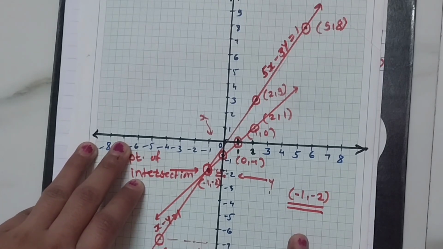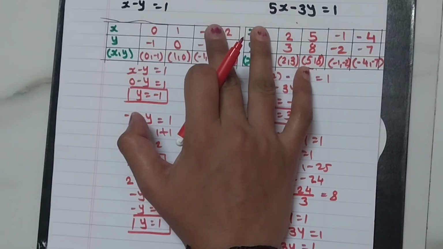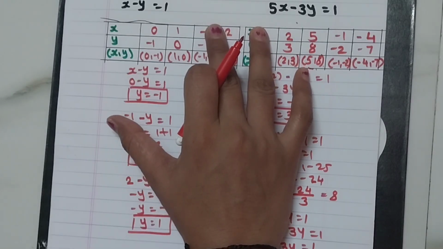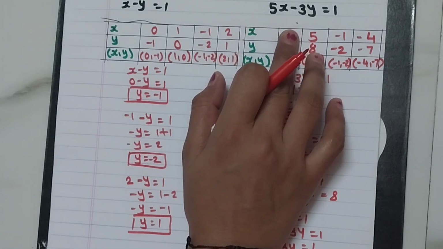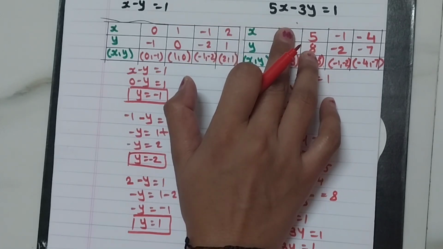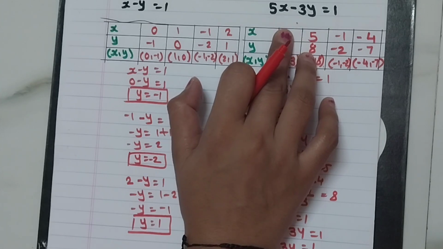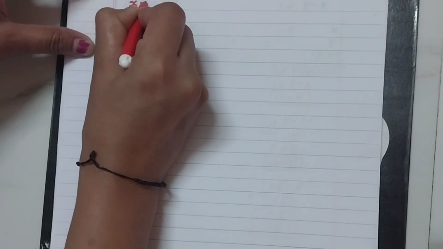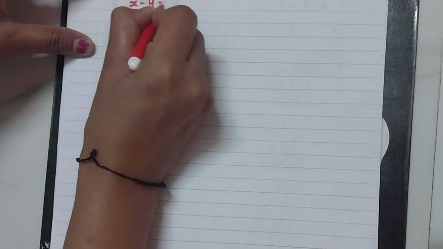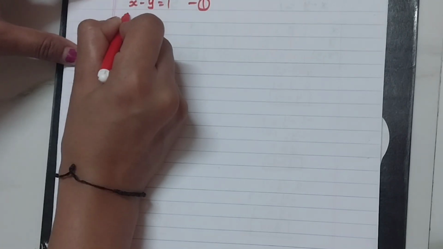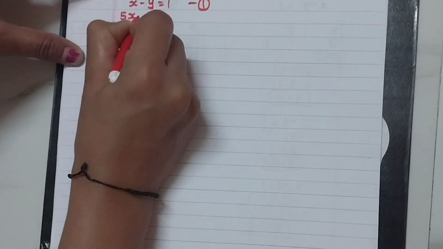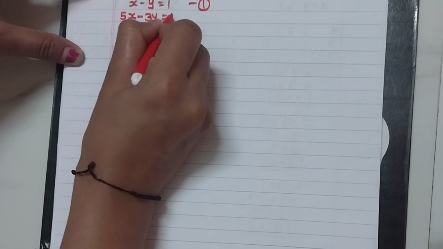और इस तरह से हमने एक्टिविटी नंबर फर्स्ट देखी है। और अब एक्टिविटी नंबर 2 में क्या बताया गया है कि यही जो दो इक्वेशंस दिए गए हैं उन्हें हमें एलिमिनेशन मेथड से सॉल्व करना है, जो हमने प्रैक्टिस सेट 1.1 में देखा है। तो इक्वेशंस आर x minus y is equal to 1, this is equation number 1, and 5x minus 3y is equal to 1.